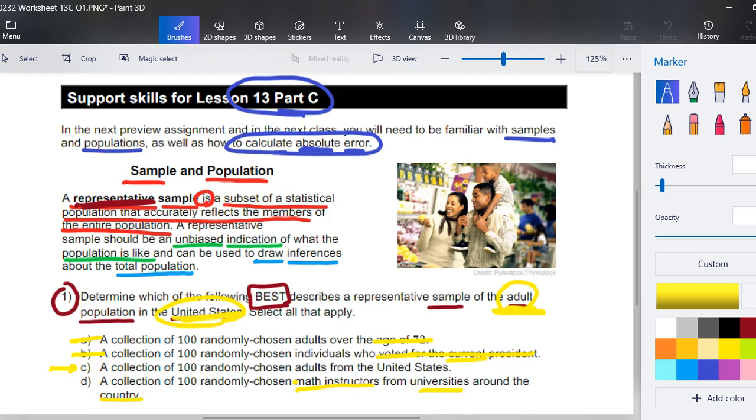No, because there are more occupations in the world than math instructors, and there are even some of us who are not at a university, we're at a community college. Anyway, we need to wipe that one out because it's not representative of all the adult population in the United States. So our answer is C, and let's look next at random sample.